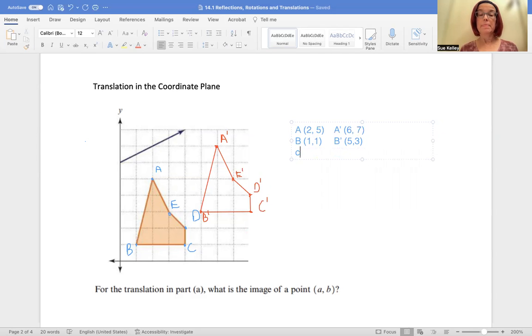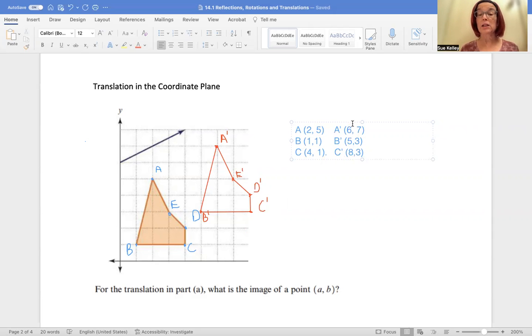And C, this is going to be the last one I'm going to do, and then let's see if we can find a pattern. So C is at 4, 1. And let's see if we can find a pattern with C prime. C prime is at 1, 2, 3, 4, 5, 6, 7, 8 and 1, 2, 3. So 8, comma 3.